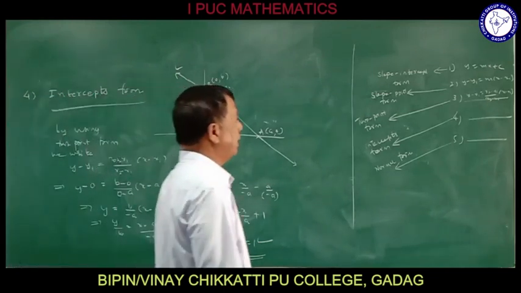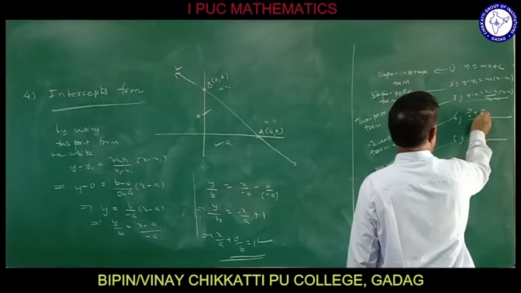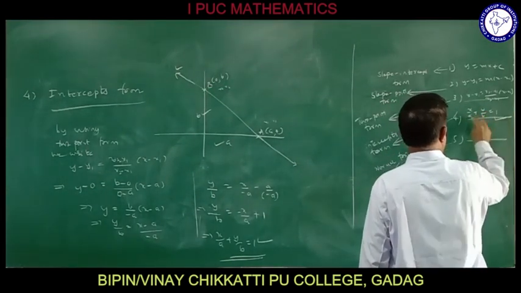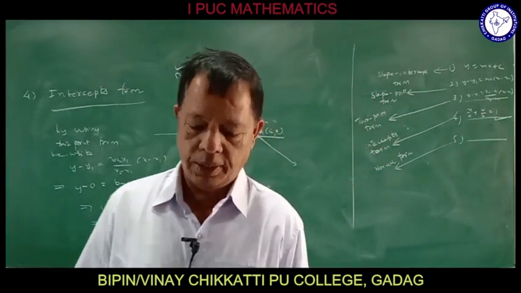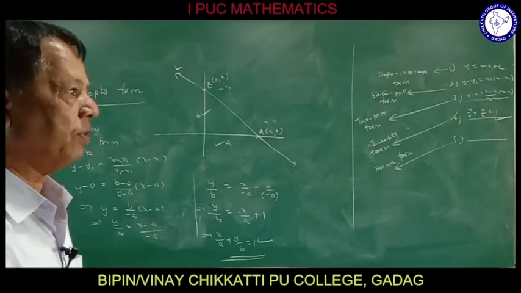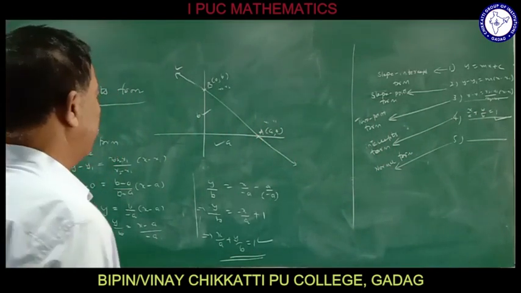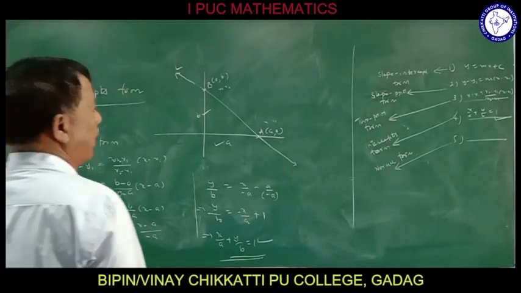What is the intercept form of a line? Now you have to say x by a plus y by b is equal to 1. What is a? a is the x-intercept and b is the y-intercept, and all together you can see this is the intercepts form of a line. So try to understand how we go about explaining this.